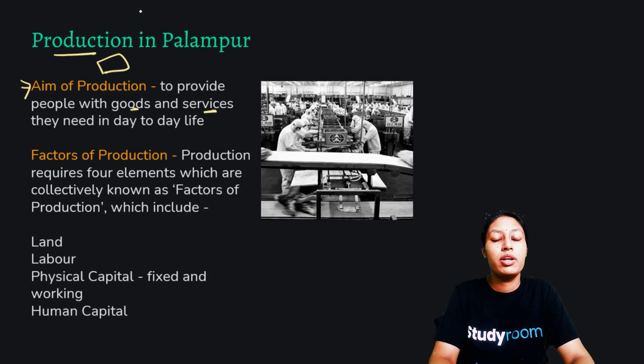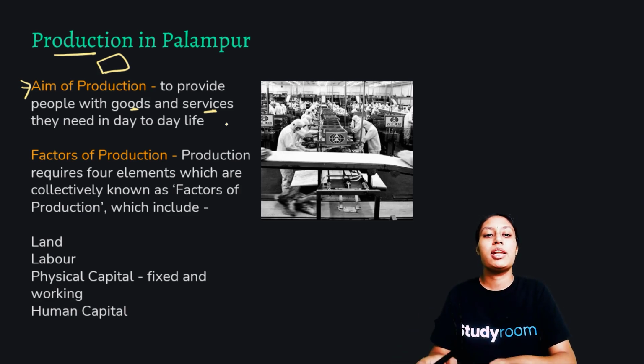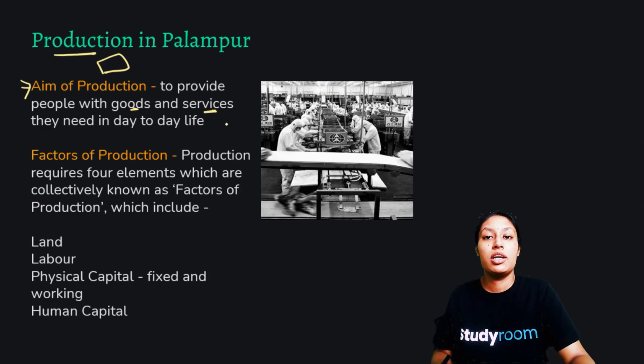Imagine if milk supply was not as easy in that plastic packet, how difficult it would have been for many people to reach milk. The aim of production is exactly the same: to provide the basic things people require in daily life and make them accessible.